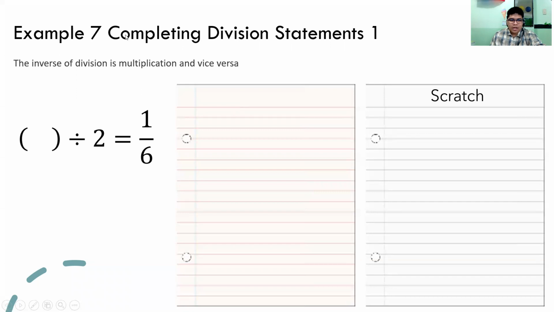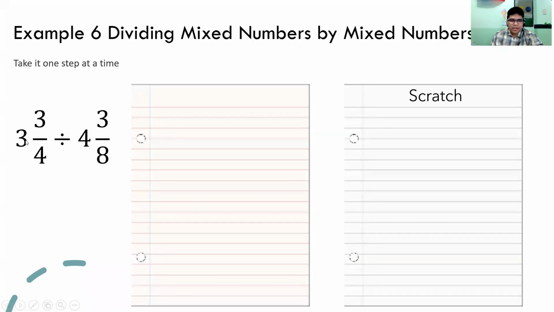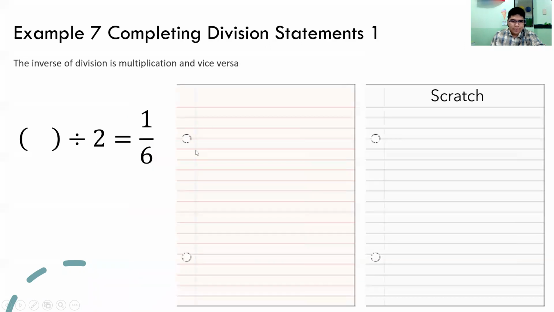Usually we have the dividend, we have the divisor, and we're looking for the quotient, which is the answer. But sometimes the problems will make us look for either the dividend or the divisor, and we need to learn how to do that.